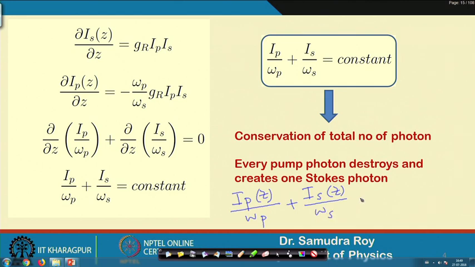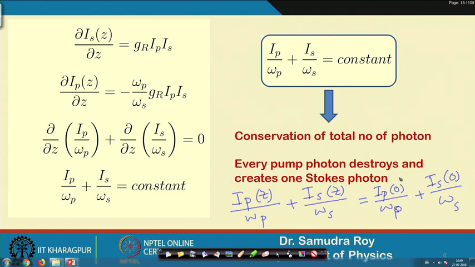This is constant, meaning I can put the boundary condition here and write it as I p 0 divided by omega p, sorry, plus I s 0 divided by omega s. I can write this equation because this is a constant. So, even if I change z, these things are not going to change.